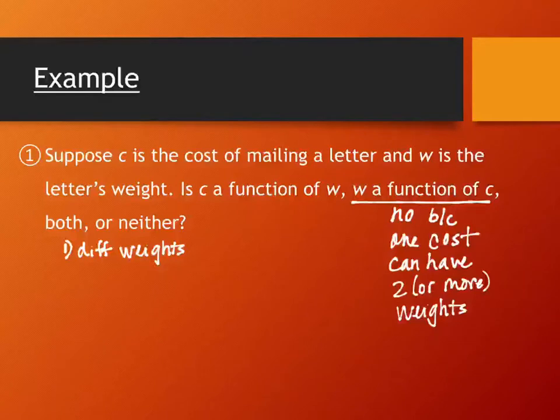Let's go over here to the cost as a function of weight. So the second issue with letters being mailed is that there are different ways to mail the letter. Are you sending it first class? If you're doing something that's an actual book, you can send things called media mail.